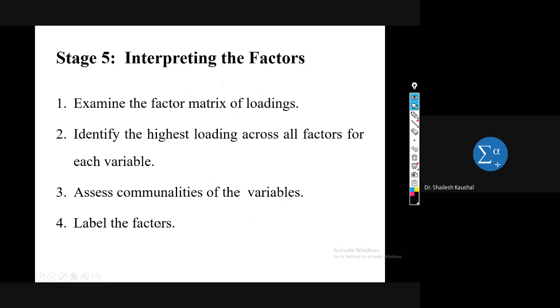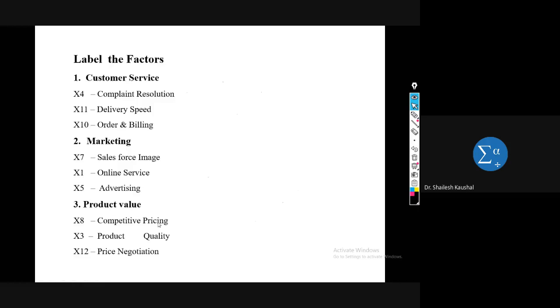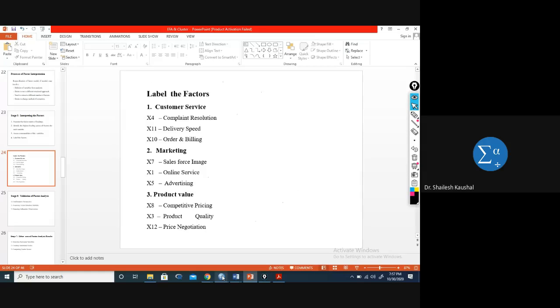Now we will give the name of the variables. So in factor number 1 means complaint resolution, delivery speed, order and billing. So these are the questions you can see in output: complaint resolution, delivery speed, and order and billing. These 3 questions come under factor 1.